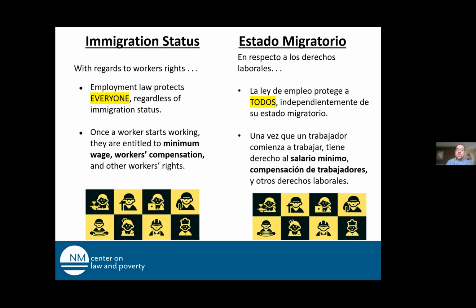Once a worker starts working, they are entitled to rights such as the minimum wage, workers' compensation, and other rights that we'll be discussing today. There are a few areas of the law where it does matter whether one is documented or not within this country, but I will note those instances, and they will be minimal, as you all will see.